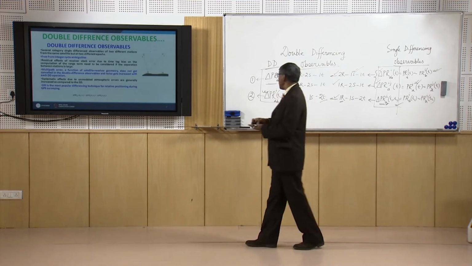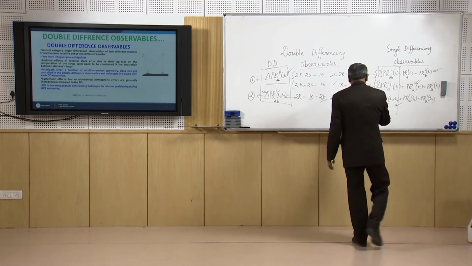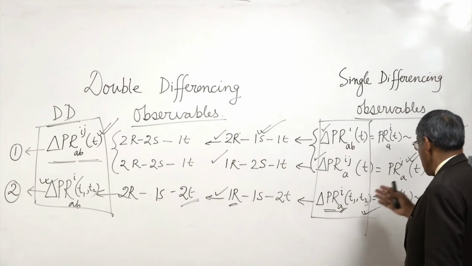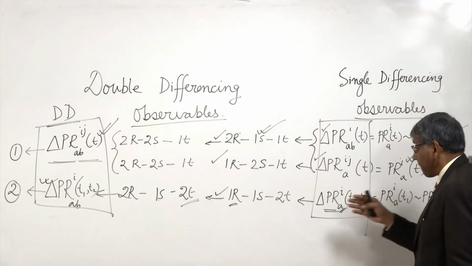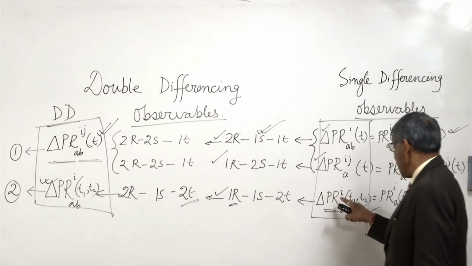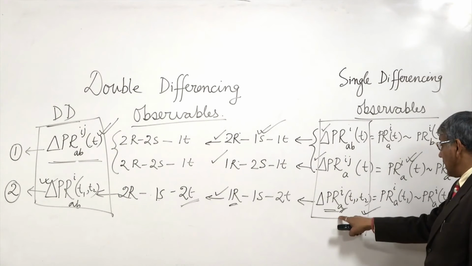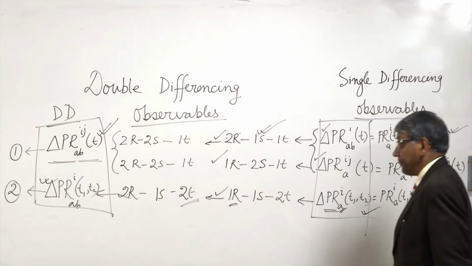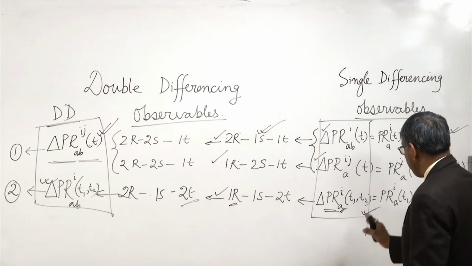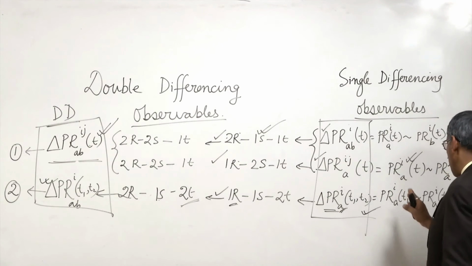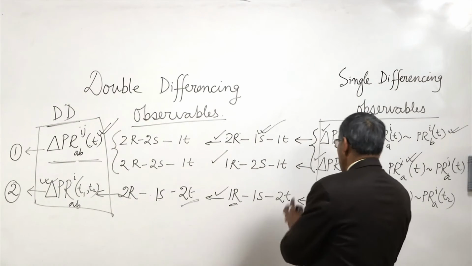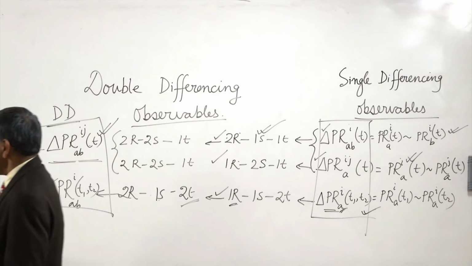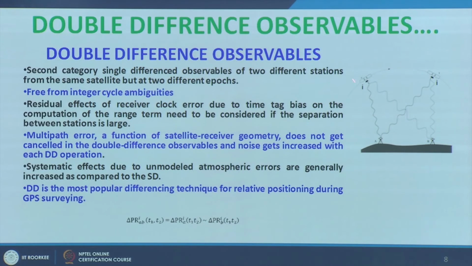In the second category, as I have already told, we will be taking the difference of the single difference observable which has been obtained from a receiver from the same satellite but at two instants of time. So we will take first a receiver A, then another receiver B, and then the difference of that. So we are taking here from the same satellite to two different receivers but two epochs of time.